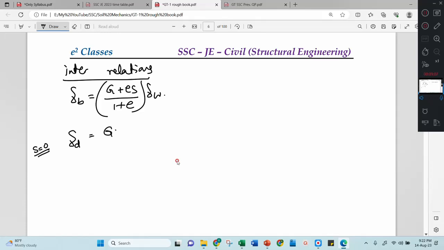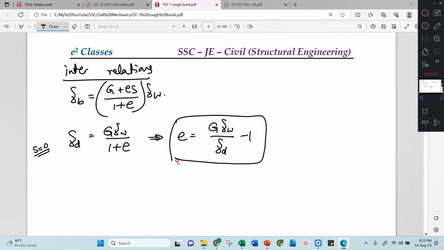Therefore, G gamma W divided by 1 plus E. Very, very important equation. From this equation, if I rearrange the terms, I will get E is equal to G gamma W by gamma D minus 1. This is also very, very important. This is derived from here by substituting S equal to 0.